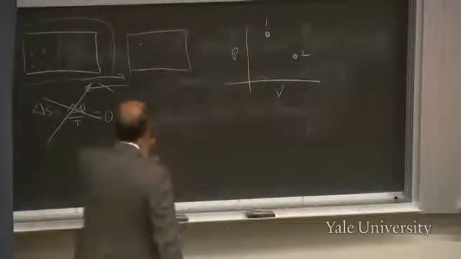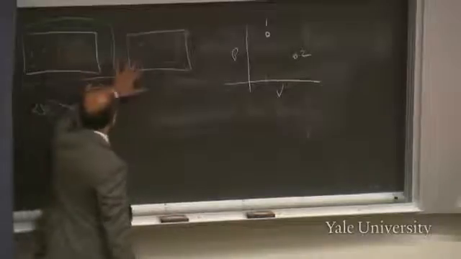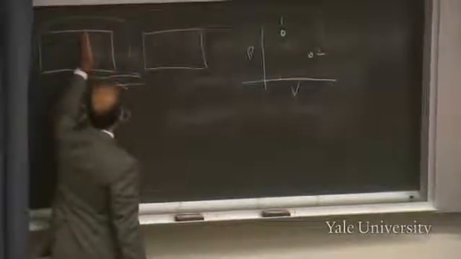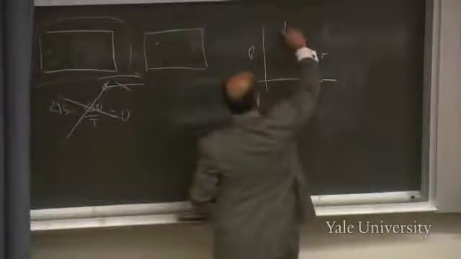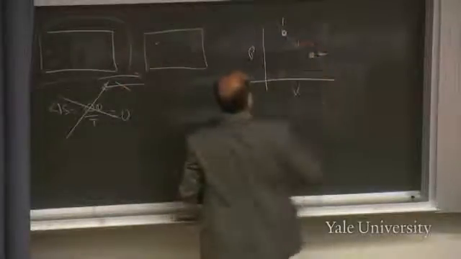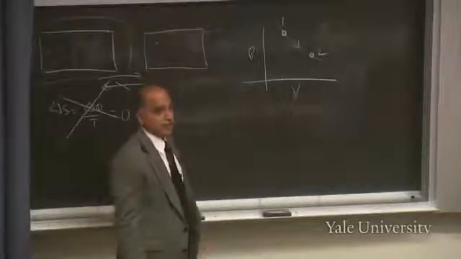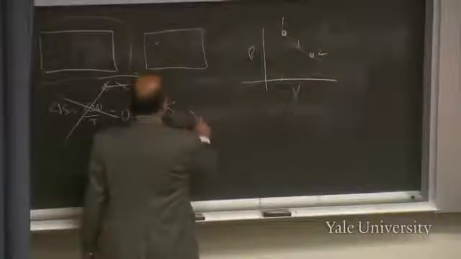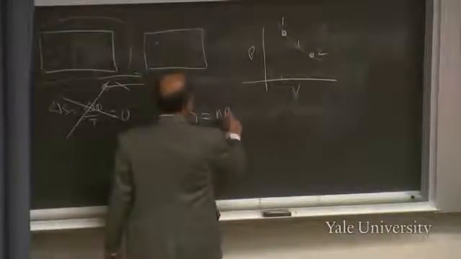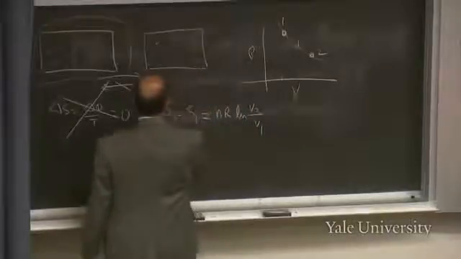Now, your system strayed from equilibrium all the time, but we're not interested in how it got from here to here. We are saying what's the entropy here and what's the entropy here. Since it's at the same temperature, I know one way to go from there to there is to follow the isotherm, because that will connect the 2 points in this particular problem. Then I know the entropy change is S2 minus S1 is NR log V2 over V1.